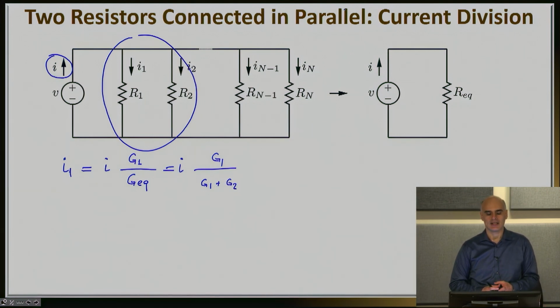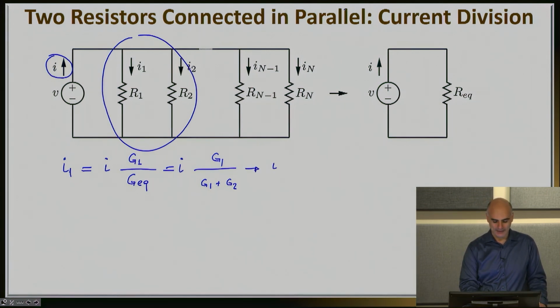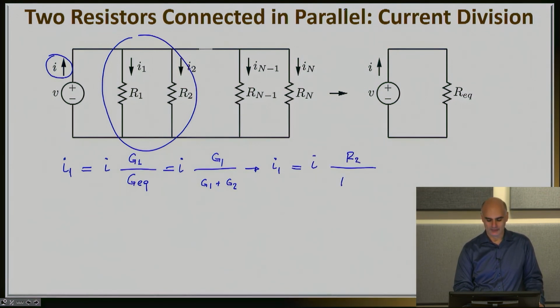The interesting thing here is that if you replace G1, the conductance of the first resistance, by 1 divided by R1, and G2 by 1 divided by R2, and you do the algebra, you will find that I1 is equal to the current I times R2 divided by R1 plus R2.